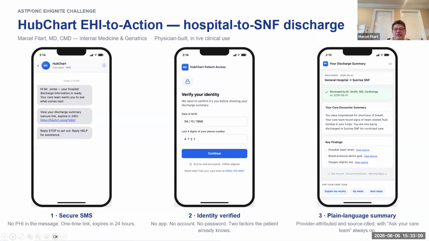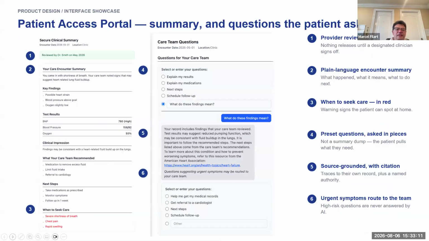So slide number 2, please. Okay, so you see on the left side, we have patient access. This is the patient access portal, and the patient can get the summary right away, and then some information about vital signs and essentials, and the red marked fonts are the essential diagnosis and information he needs to find out.